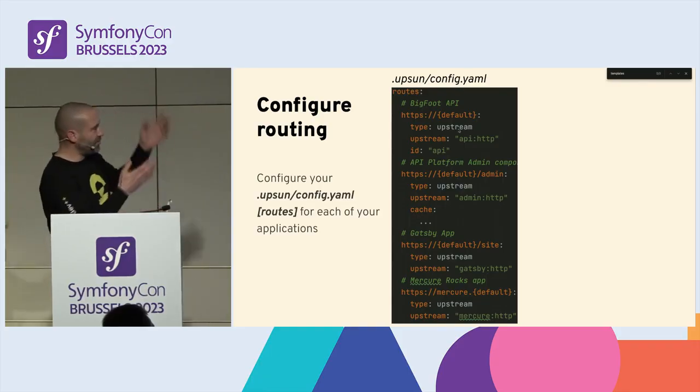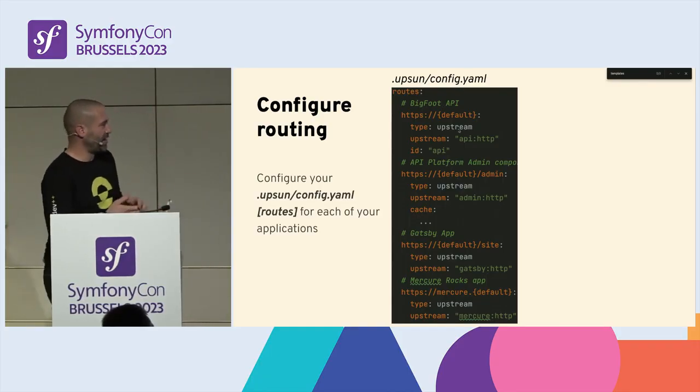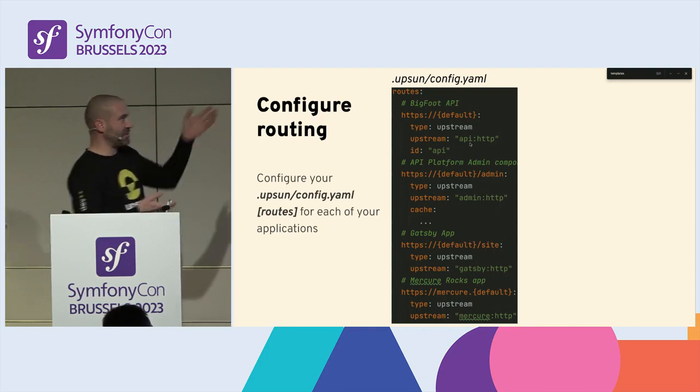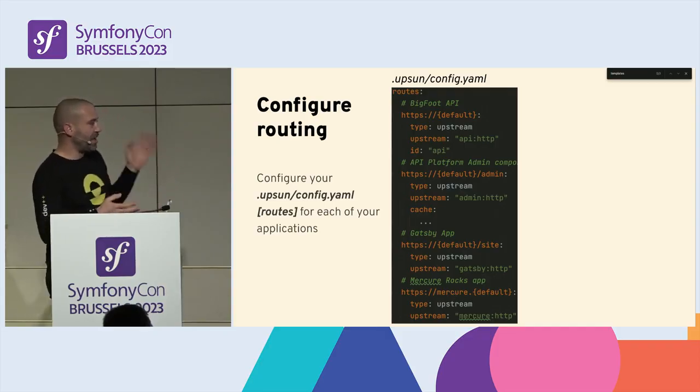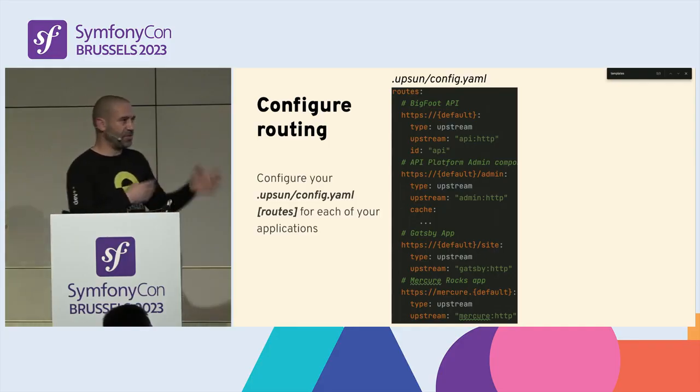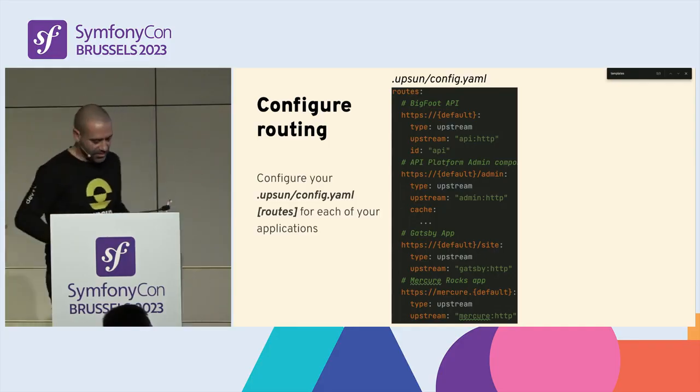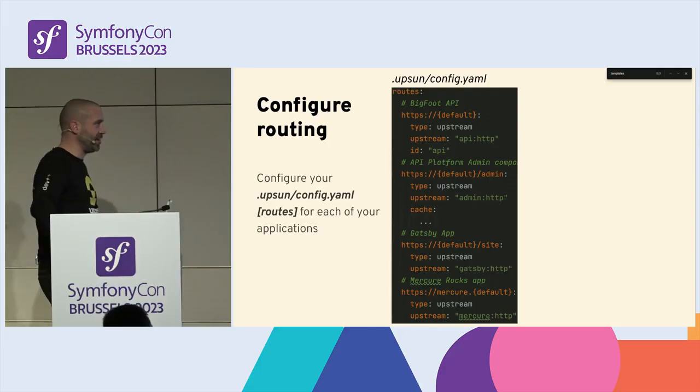Then you define a type that is always upstream. And you define which application will be delivered using the /default. You can use some first URI elements. You can also, at the end, use some subdomain. And so, yeah, that's all. For HTTP to HTTPS, there is an automatic redirect that is done behind the scenes.